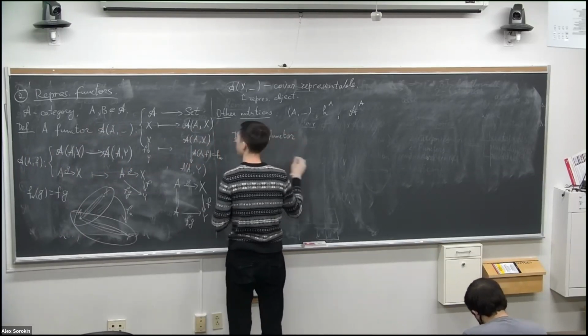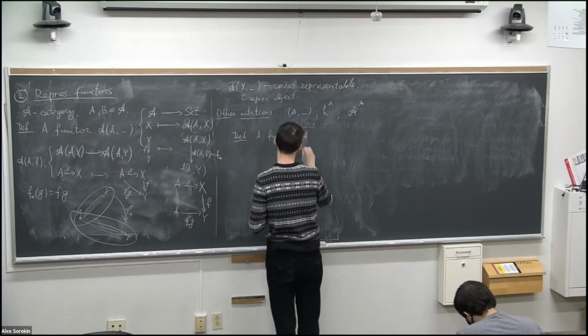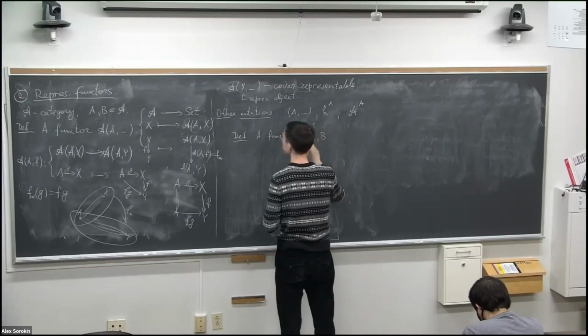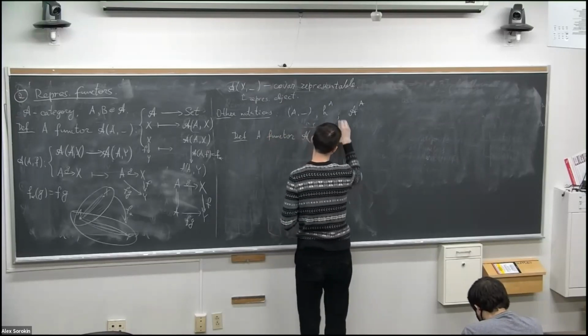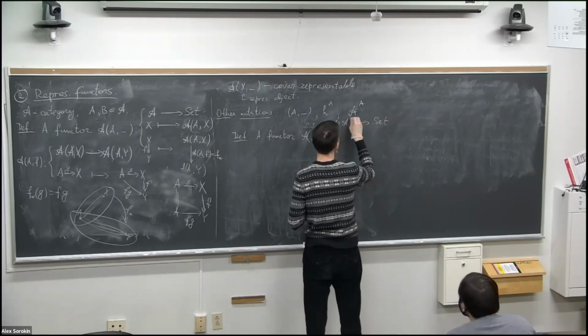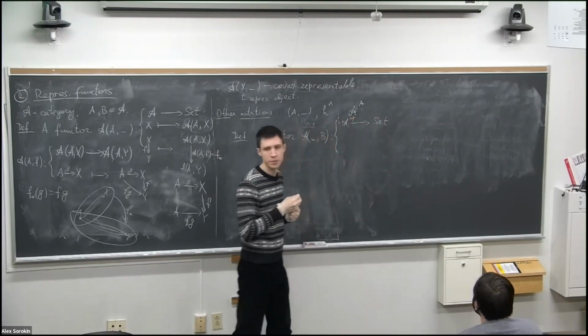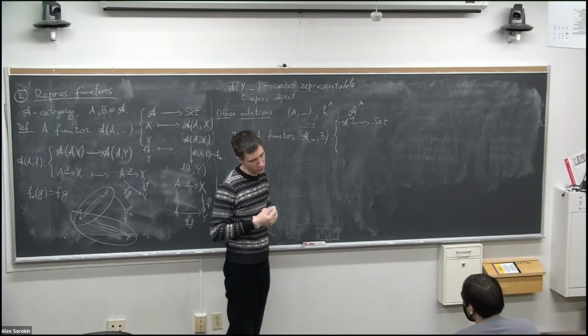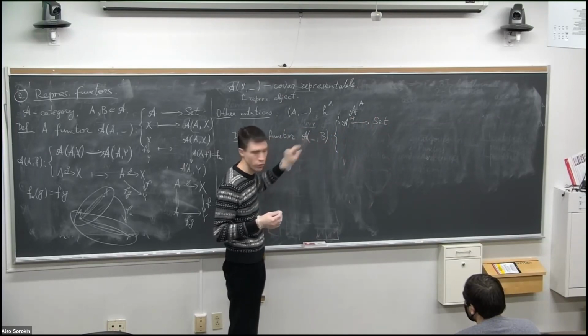So a functor A blank comma B, from the category A op, because it will be putting the argument in a contravariant spot.